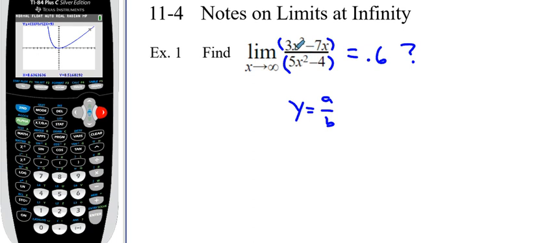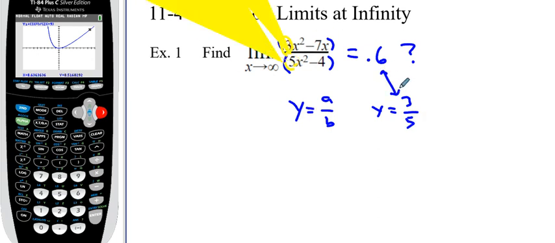Now what's a and b? A and b are these numbers here. This 3, and this 5. So we're saying that since the greatest power on top and bottom are the same, it's going to approach this horizontal asymptote, in this case at y equals 3/5, which is what we expected when we said about 0.6.